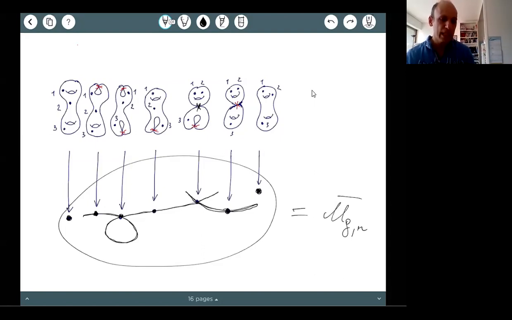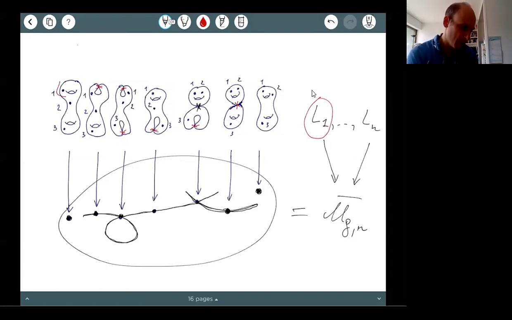And this is not at all the only possible choice, so there are many components like that. Okay, and thanks to this picture, we can define n line bundles over M_{g,n} bar, L_1, ..., L_n. So let me draw L_1. If we're interested in L_1, we pick the first marked point and we draw the cotangent line to the fibers of this map. So the cotangent line to our algebraic curves at the first marked point.